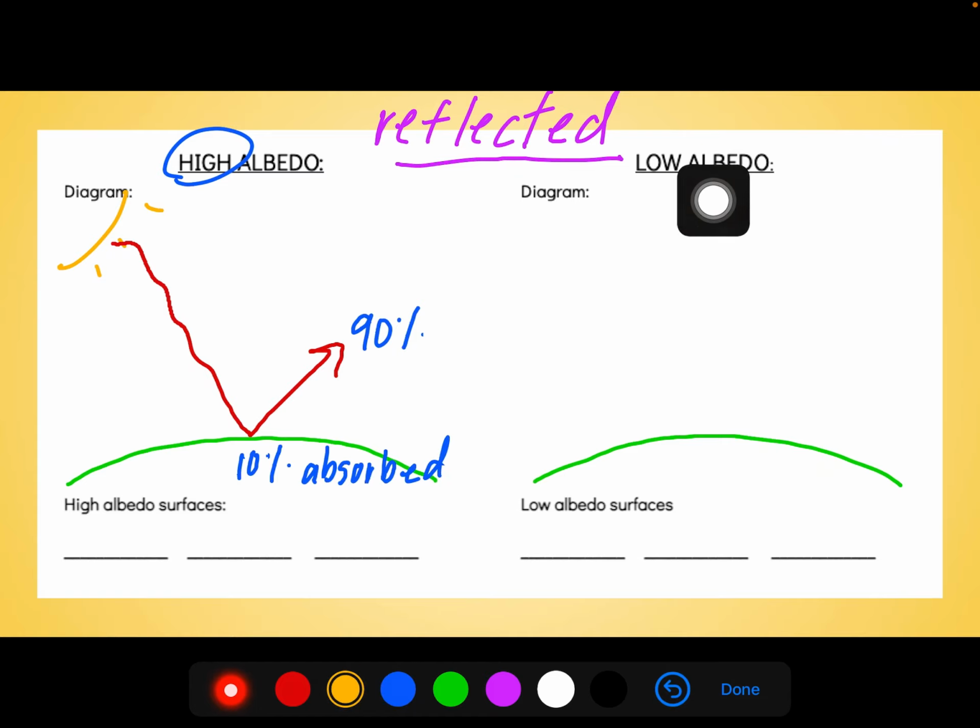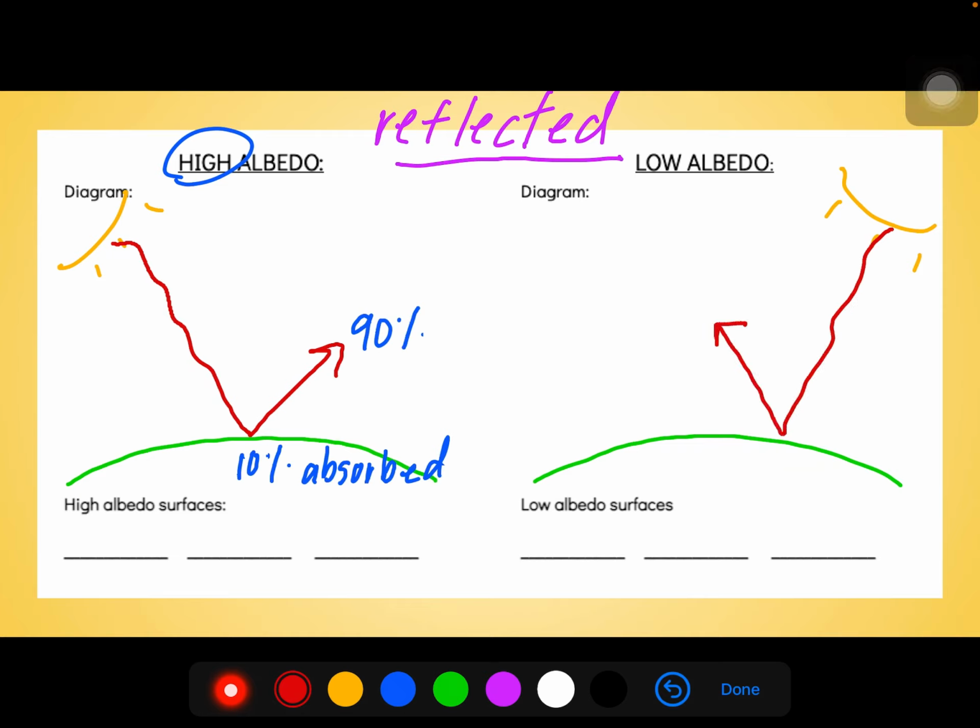On the same side over here, we're thinking low albedo. Again, light is coming to the Earth's surface and is being reflected. In a low albedo surface, that number is small, meaning a large percentage is being absorbed.